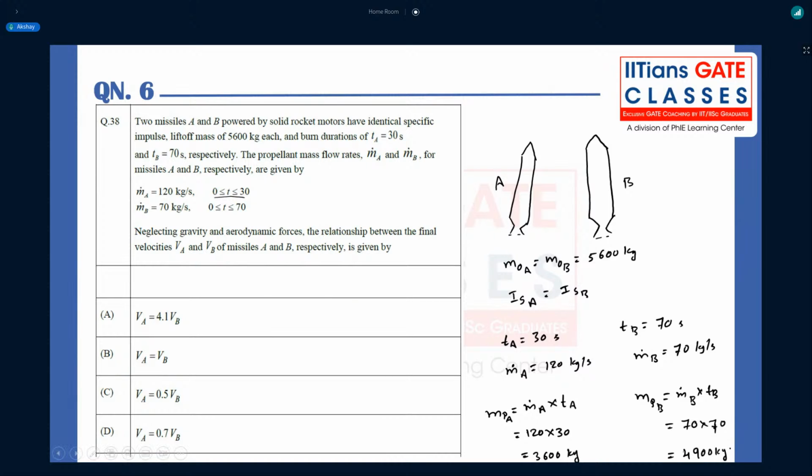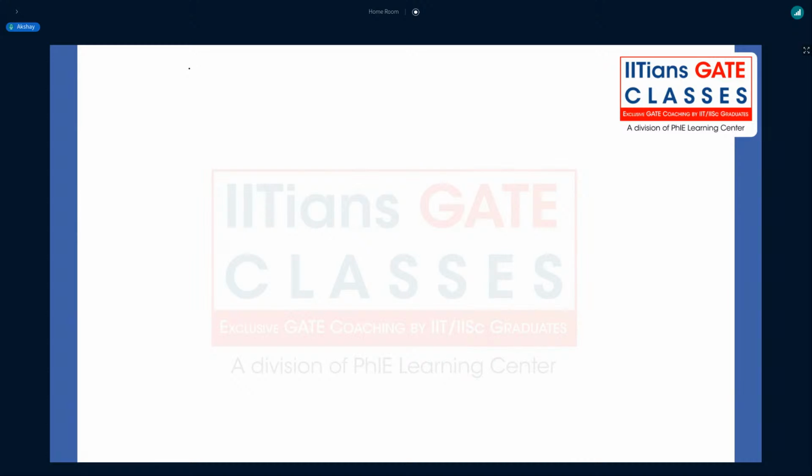So now I know the velocity change, delta V, from the Tsiolkovsky rocket equation can be written as VE times ln of m naught by mf, right?